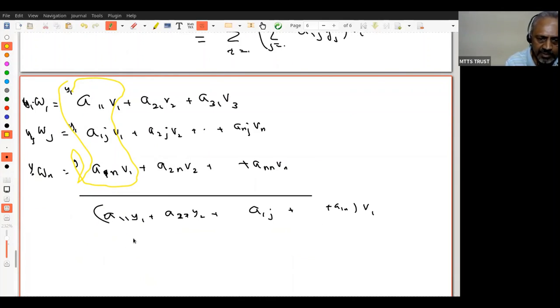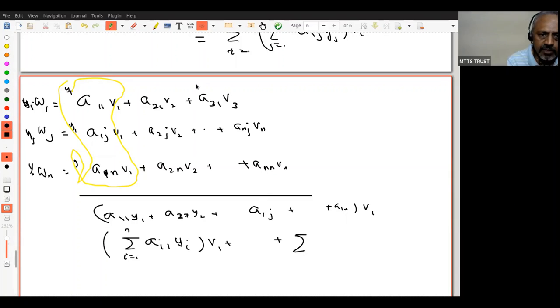I will write it as the summation over i, because this is varying, and this will be 1: ai1 yi, i equal to 1 to n, times v1.